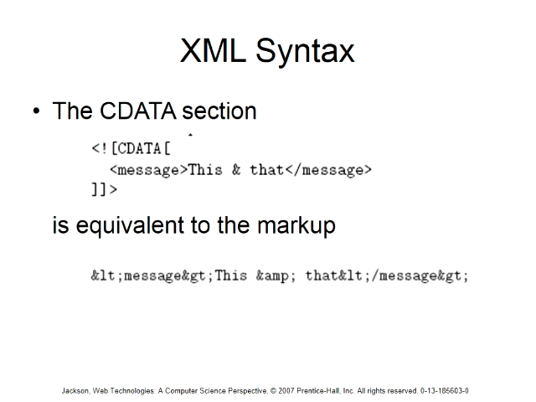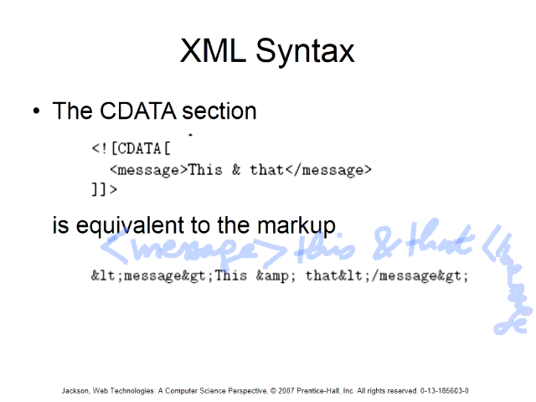So if we want, for example, to write this character in our XML, like this, message, this and that, and message, the blue characters are data, and the markup characters here we want to write A after that and A. There are two methods.